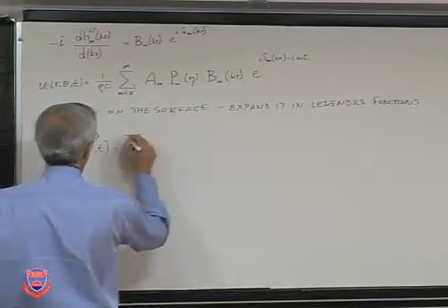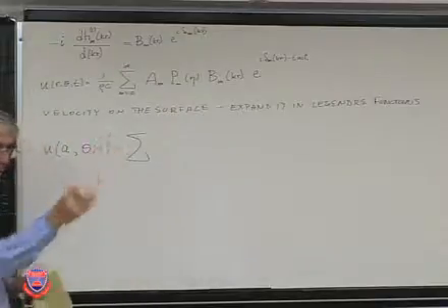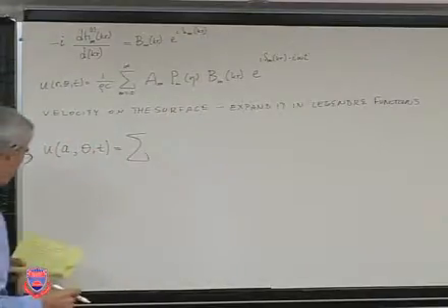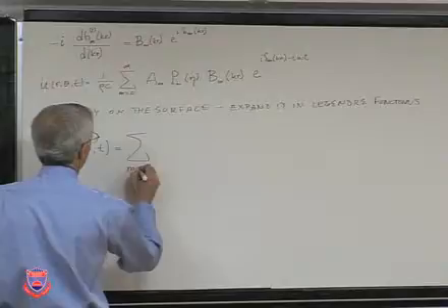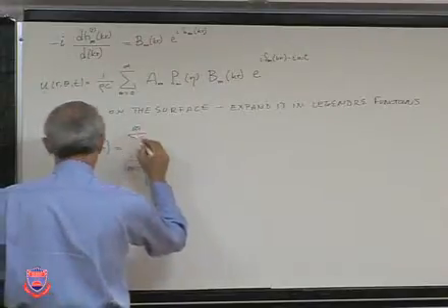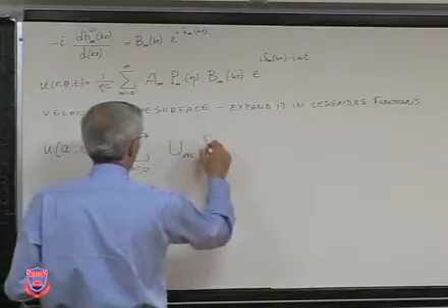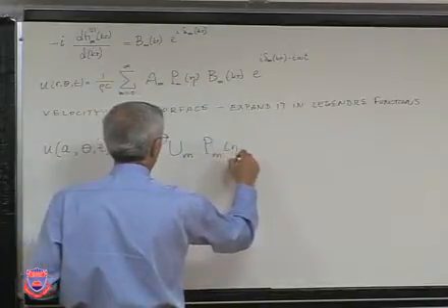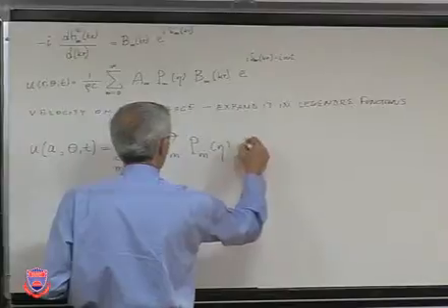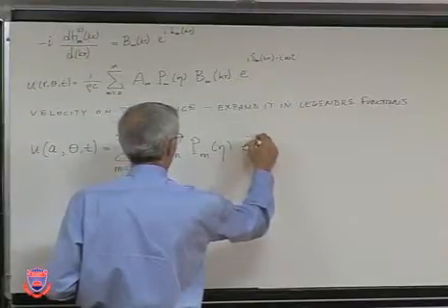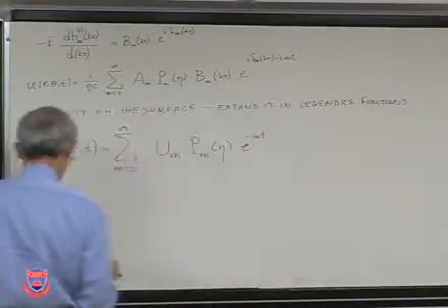Because what you have done is you're measuring the velocity in different parts through various means. Now we are expressing it in a mathematical form.